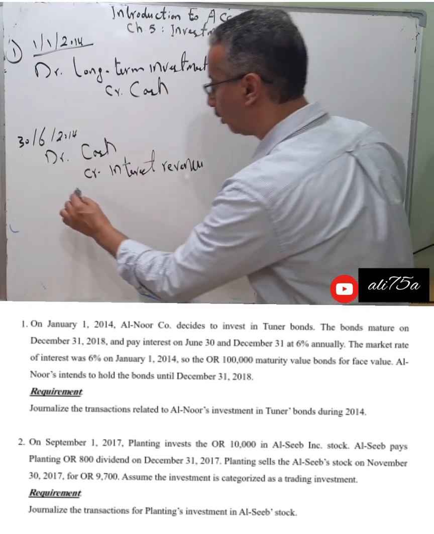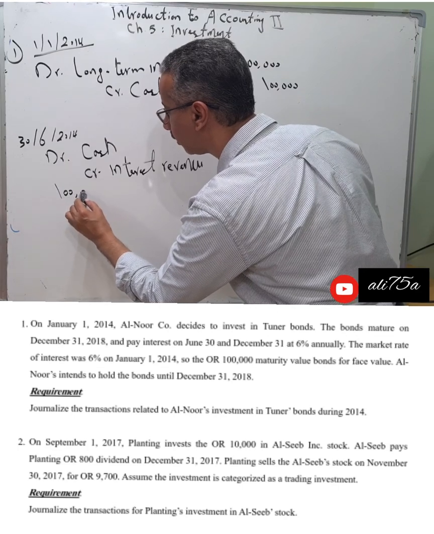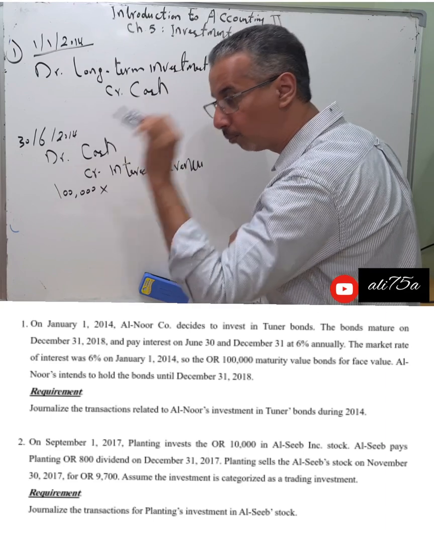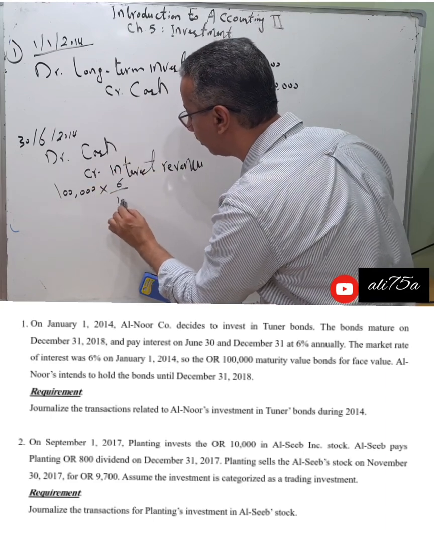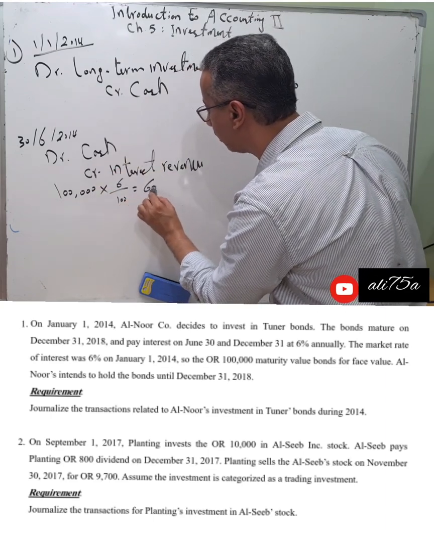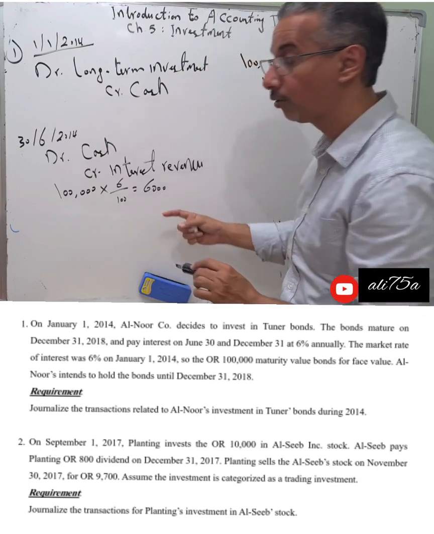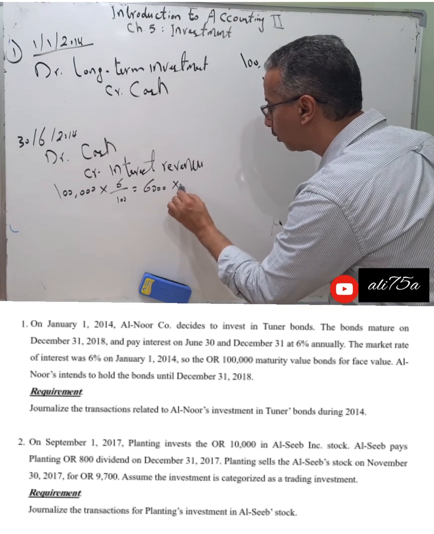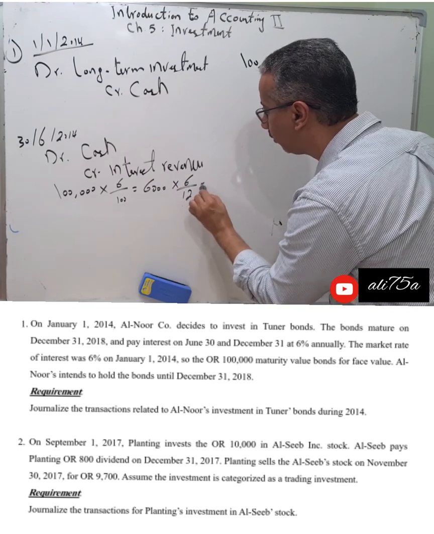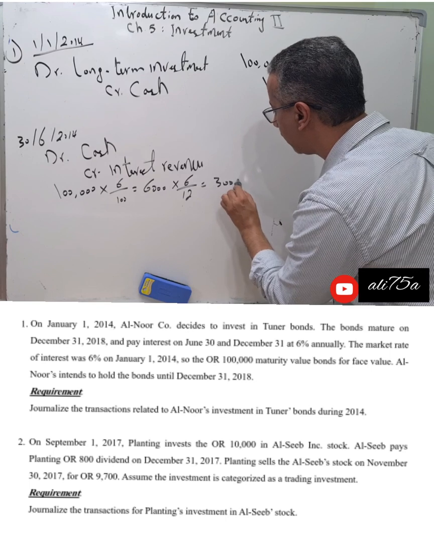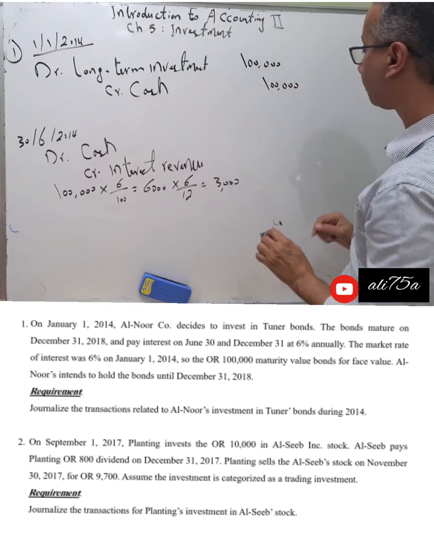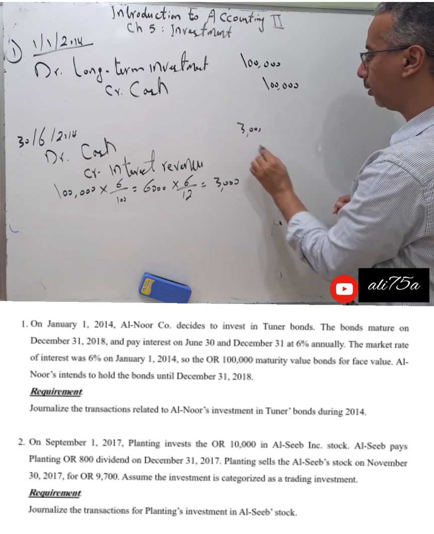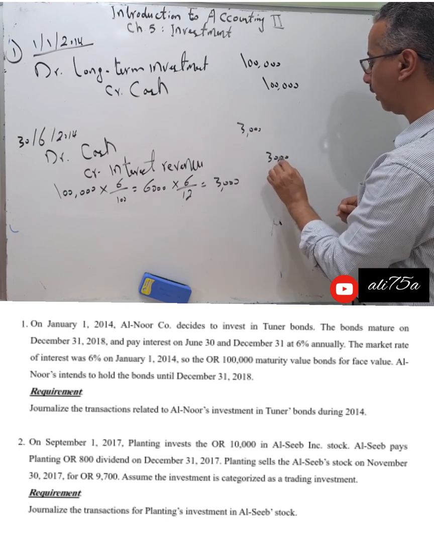How much? We have 100,000. The bonds interest, not the market interest, is 6%, so we'll have 6,000. But 6,000 is for 1 year. They pay twice, semi-annually, so time is 6 divided by 12, and we have 3,000 each 6 months. Then the journal entry will be 3,000 debit, 3,000 credit.